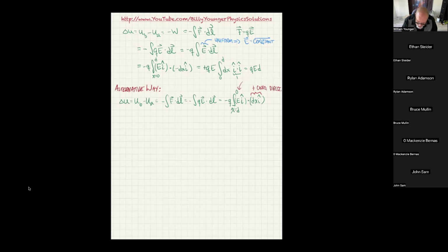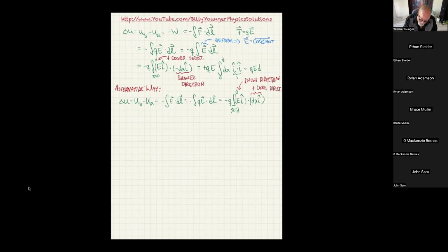And this shows direction, where in the previous way, this showed direction. And this is the positive coordinate direction. Okay, so that's the two differences.